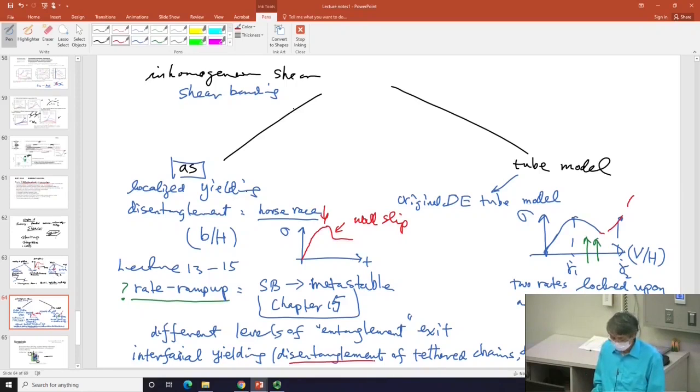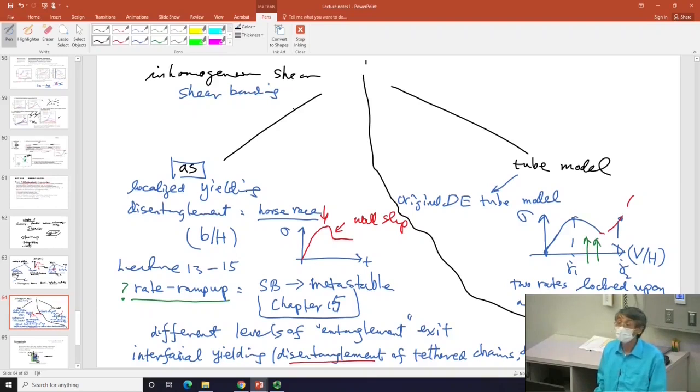Well, on the tube model side, it is generally a model for bulk, so there's nothing spoken about wall slip.